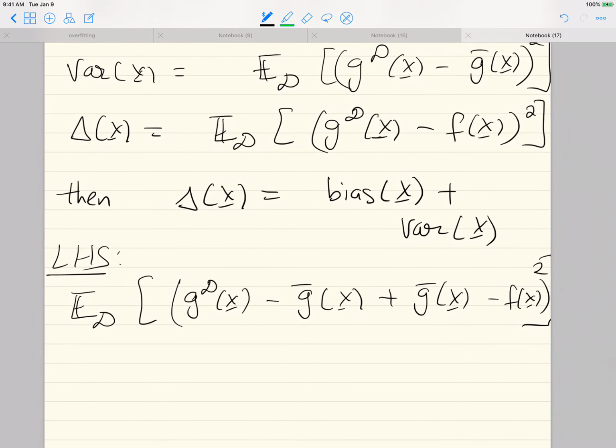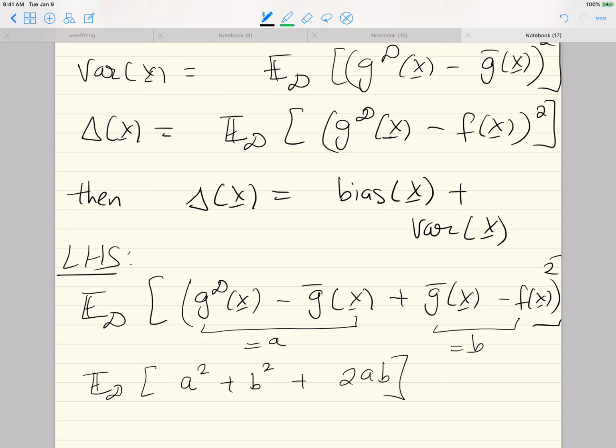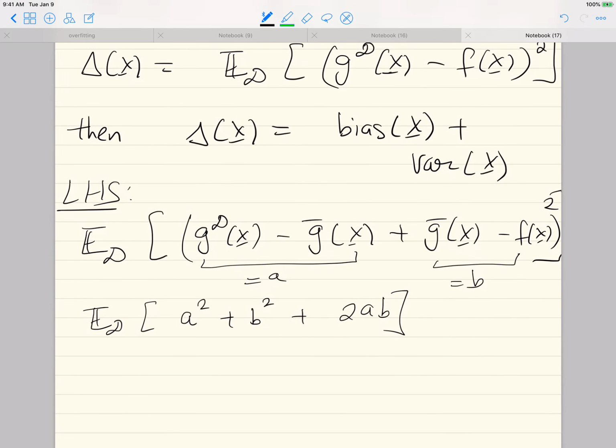I'm just adding and subtracting the same quantity. Let's call this A and this B. Then I have the expected value of A plus B squared, so I have A squared plus B squared plus 2AB.